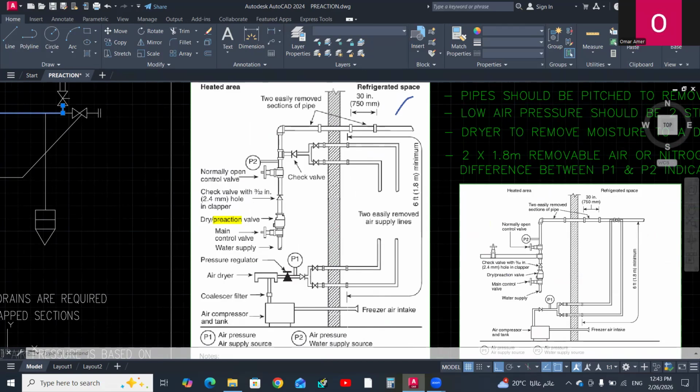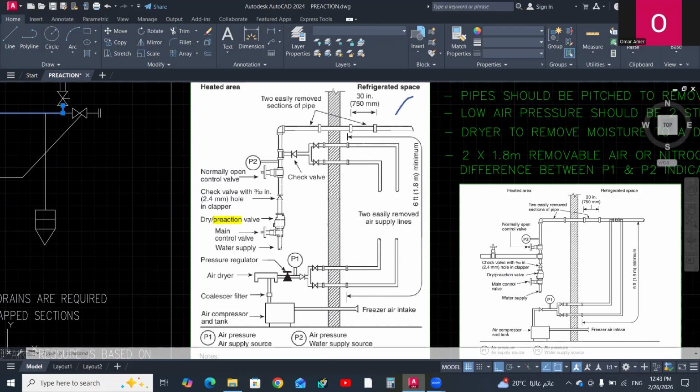To keep moisture low inside the air, the compressor may take the air from the freezer area or refrigerated space, then supply it through an air dryer, a desiccant type dryer, to remove any moisture. Then the pipe passes inside the refrigerated space and connects to the dry pipes through a check valve.